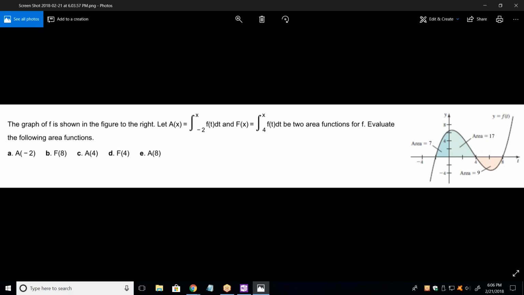And those are the two area functions for f. Evaluate the following area functions. All right, let me take a picture of this so I can draw on it.